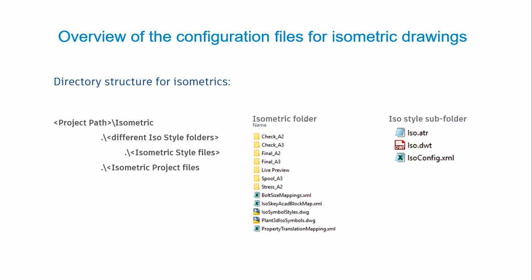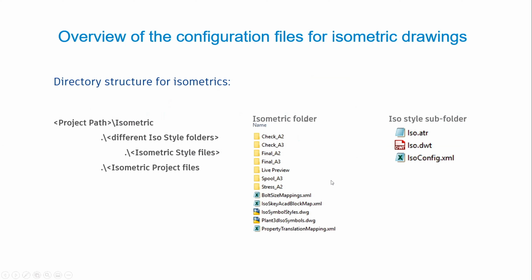Let us start with an overview of the configuration files for isometric drawings. When you're switching in Windows Explorer to the project folder, you will see here a subfolder called isometric. Here, all isometric customization files are stored. We will find here several folders, which are the IsoStyle folders, and several XML and drawing files.